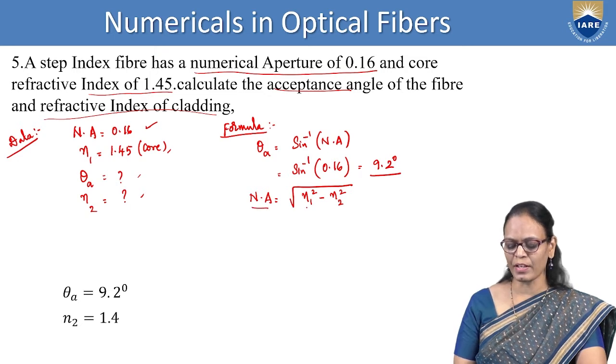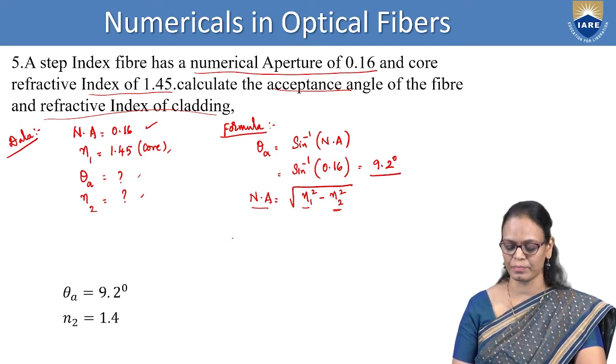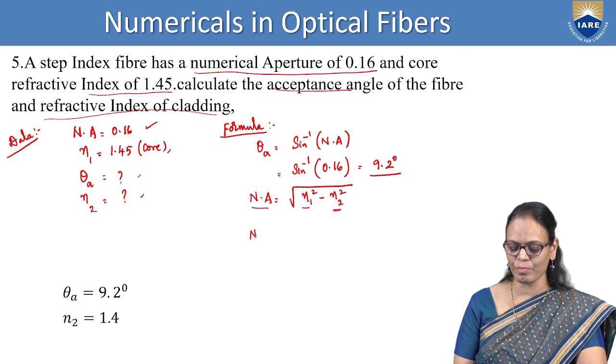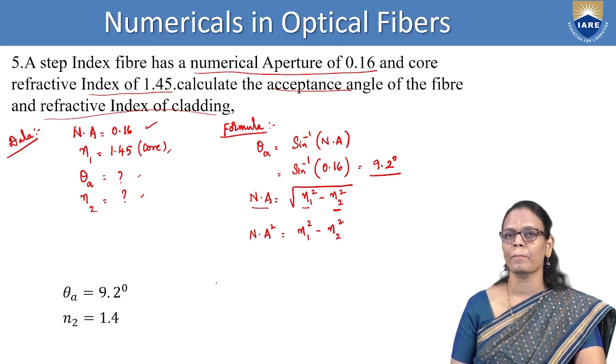Now NA is given, N1 is given, we have to find N2. It is better to write the formula for N2 and then substitute, it becomes easy. So I do squaring on both the sides. So we have numerical aperture square is equal to N1 square minus N2 square.